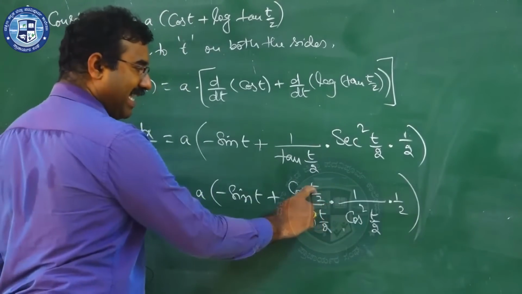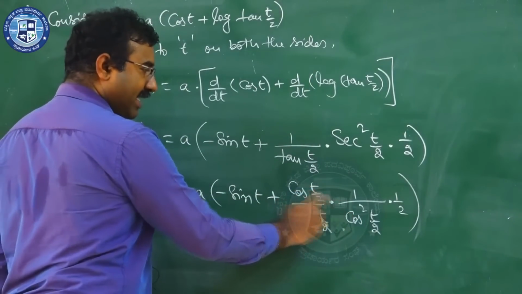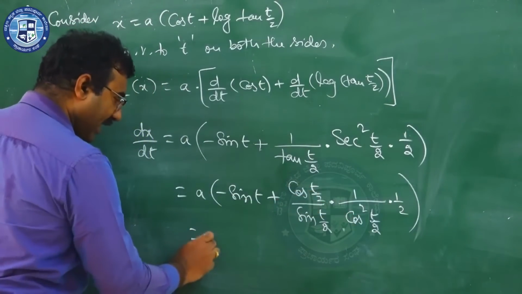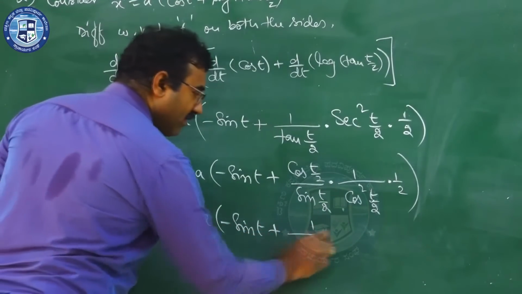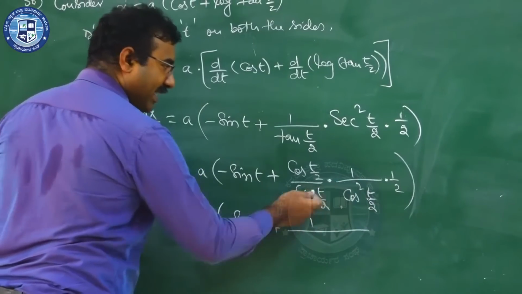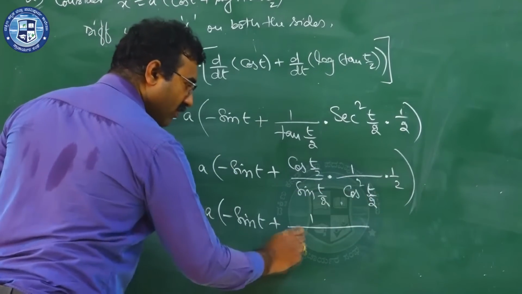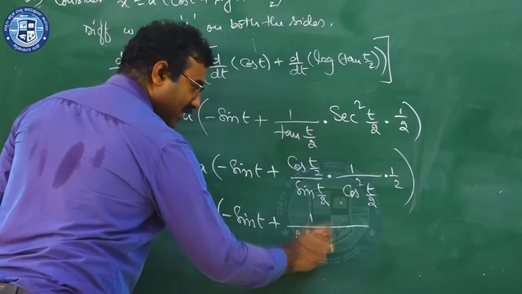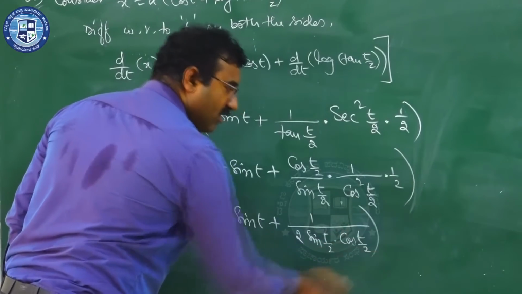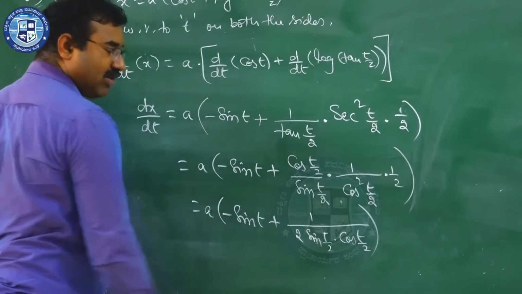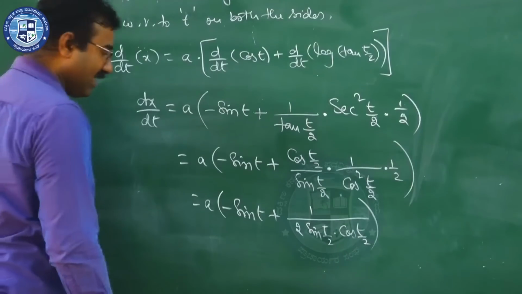Now one of the cos cancels. So a into minus sin t plus 1 by, what is remaining in the denominator? 2 sin t by 2 cos t by 2.